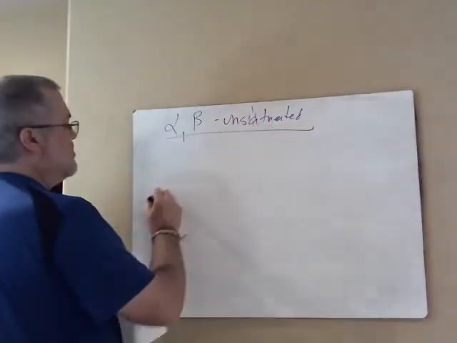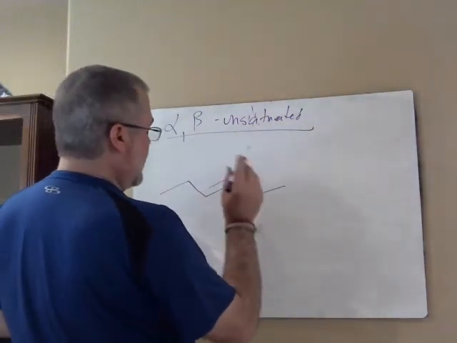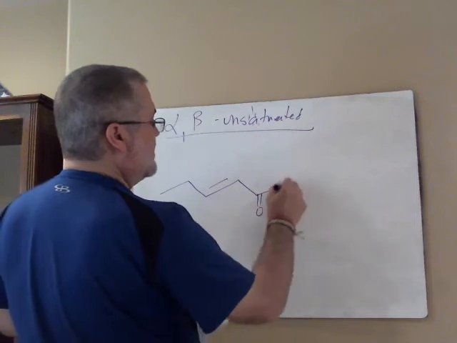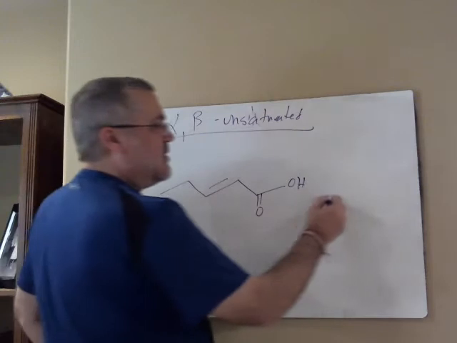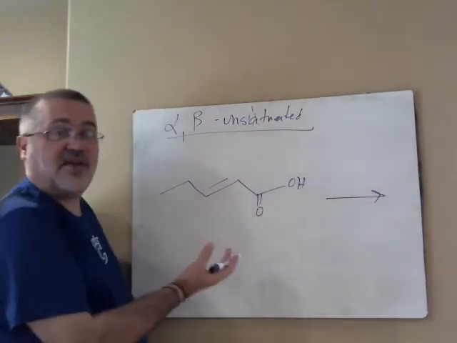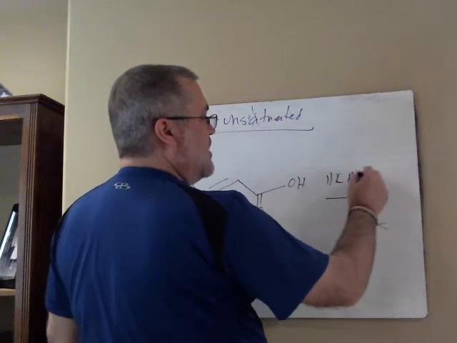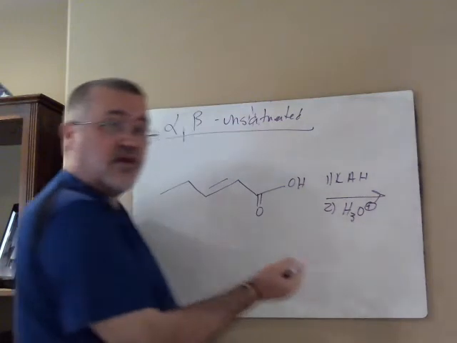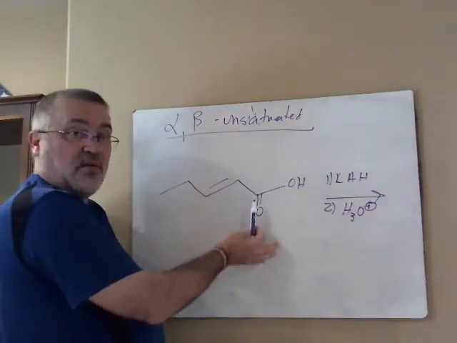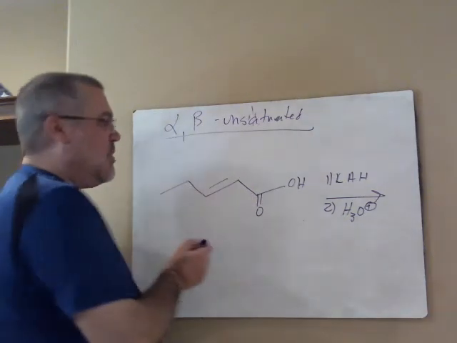if you have an alpha beta unsaturated alcohol or ester or carboxylic acid like this, you don't have to worry about it because sodium borohydride doesn't reduce these anyway. So you're always going to be using LAH. And remember, LAH was selective towards the carbonyl reduction. It didn't reduce very much of that double bond at all.